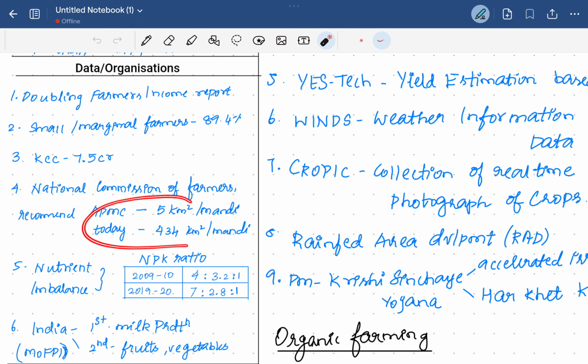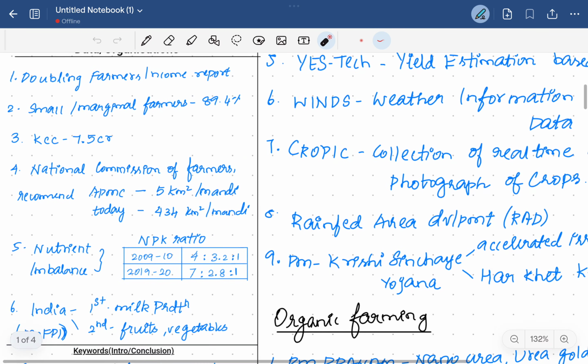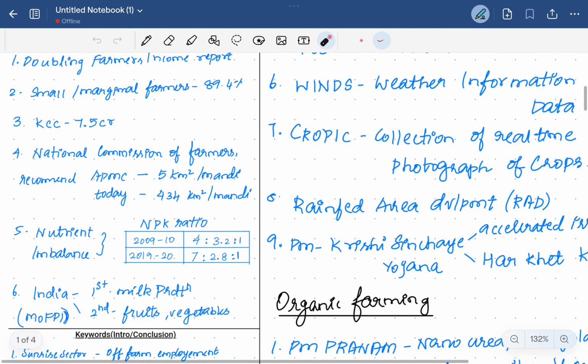So it can be valid data to quote for farmers' welfare or farmers' issues relating to market access.